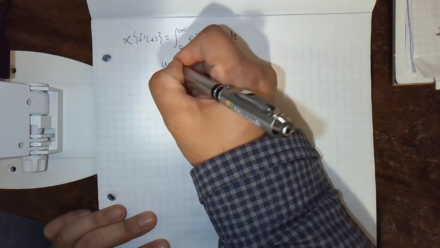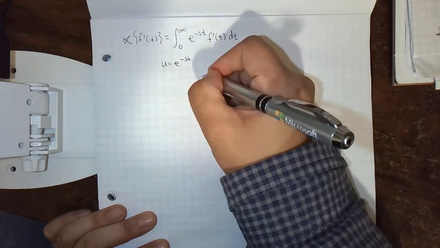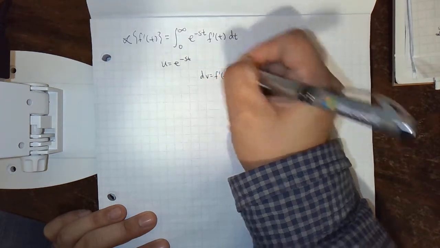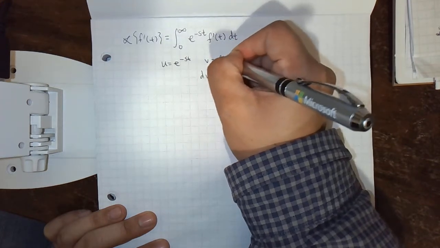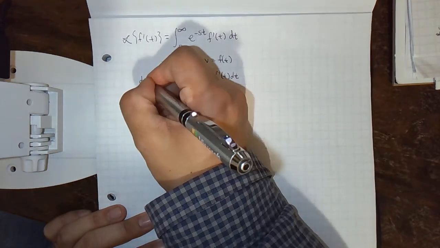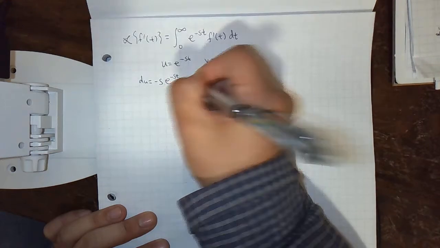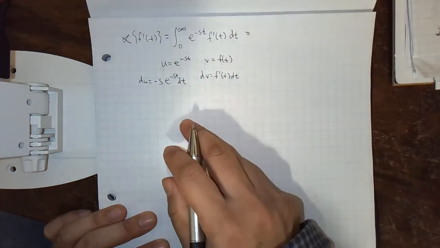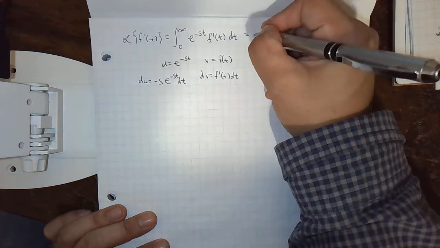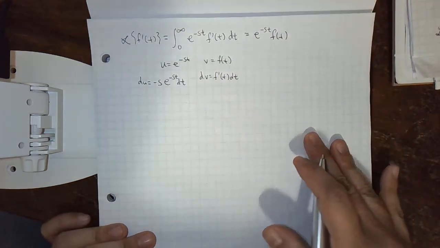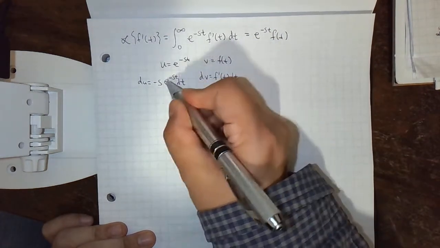So we need to pick u equals e to the minus st, dv equals f prime of t dt, and that way we'll be able to get v equals f of t, and then du is negative s e to the minus st dt. Okay, then we have a uv, so e to the minus st f of t, and then minus the integral of v du.